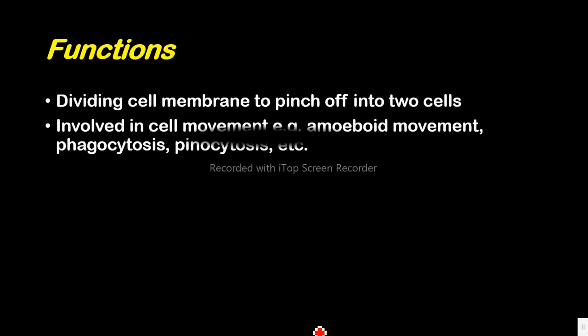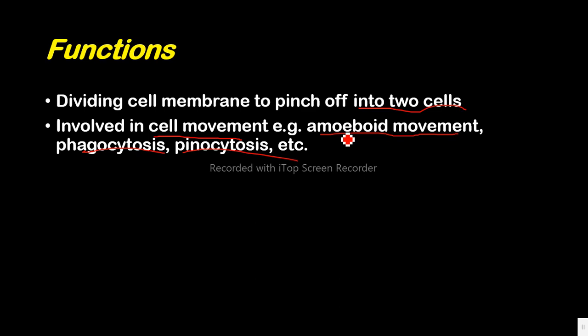Then with intermediate filaments, functions: dividing cell membrane pinch off into two cells. So they also play part in cell division, and in cell movements, e.g. amoeboid movements, phagocytosis and pinocytosis. These microfilaments play an important part in amoeboid movement. You know, amoeboid movement involves converting the cytoplasm from one form to another.